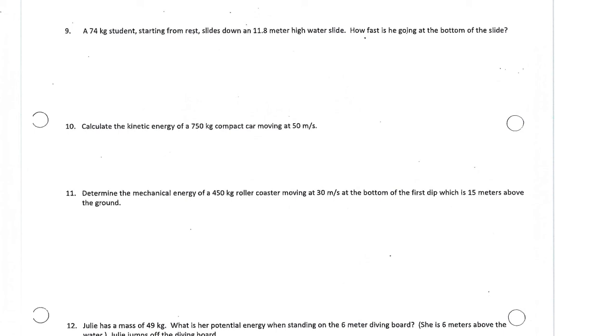So, a couple of things here. I know my mass, 74. I know my height, 11.8. Right, is that all the information that he's got? Right, but you actually need to work out the V. But there's a couple of steps to this here. We also have G because we've always got G at 9.8.